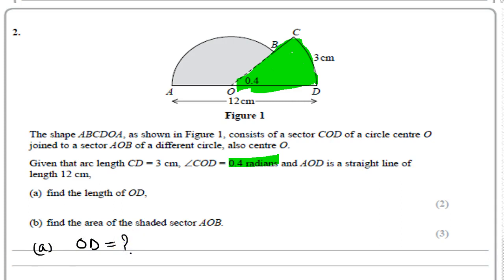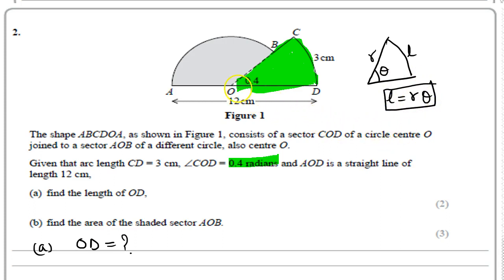So how are we going to calculate the length of OD? We know one formula. If this is angle theta in radian, this is arc length L and this is R, then we have the relationship between these three: L equals R theta.